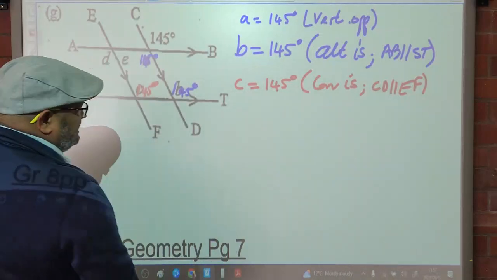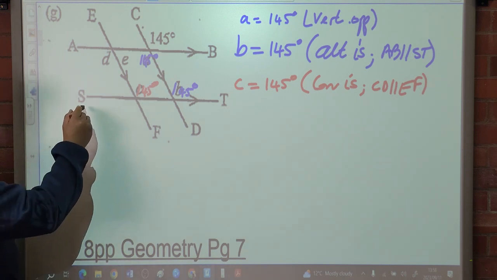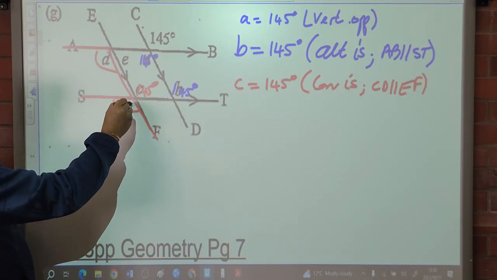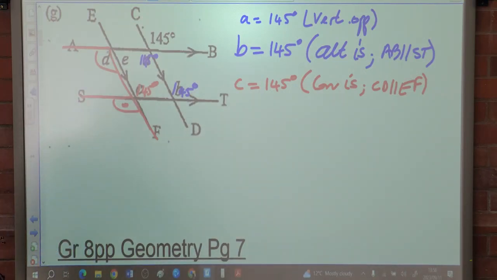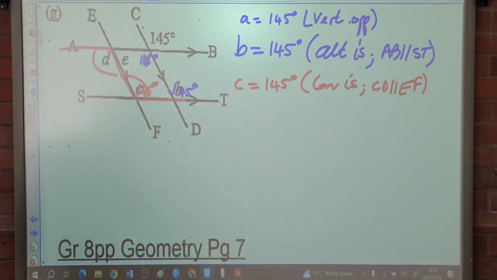How do you calculate D? Corresponding for D. The Z is alternate angles. So D is equal to 145. Yes?